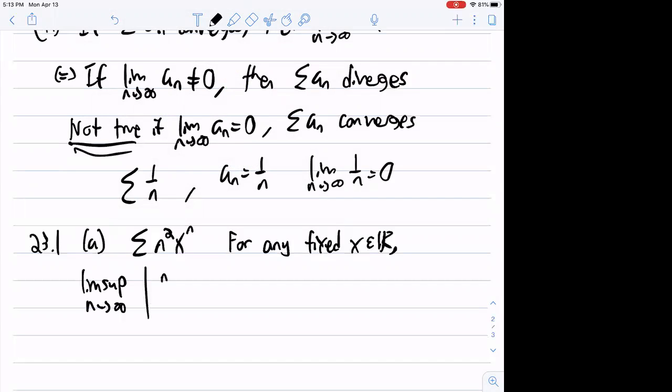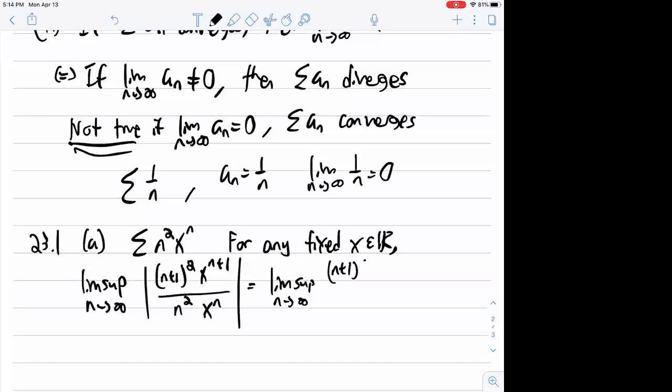Here I need the n plus 1 term, so it's (n+1) squared x to the n plus 1 over n squared x to the n. So this is (n+1) squared over n squared times the absolute value of x. I took out the absolute value for the n, because if you square something, it's always positive.